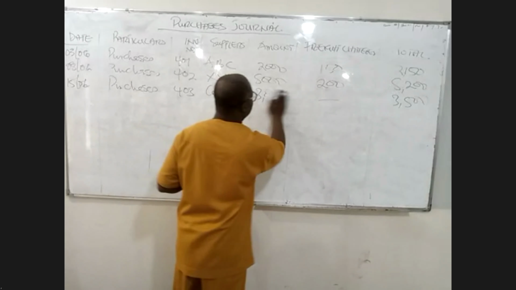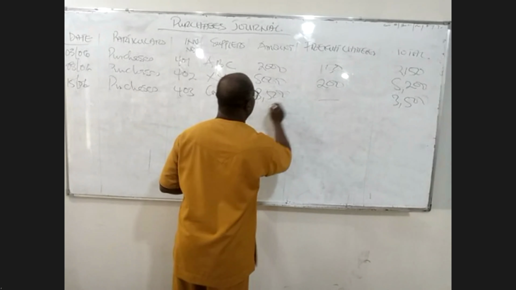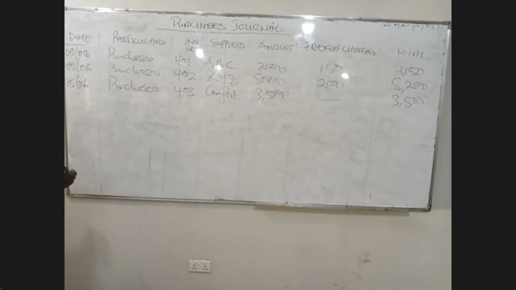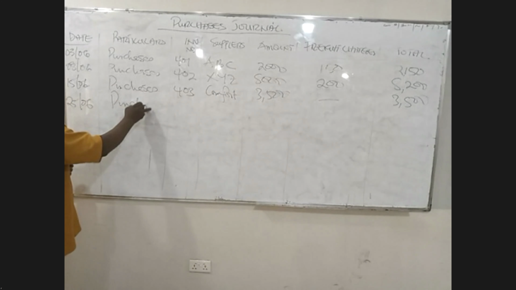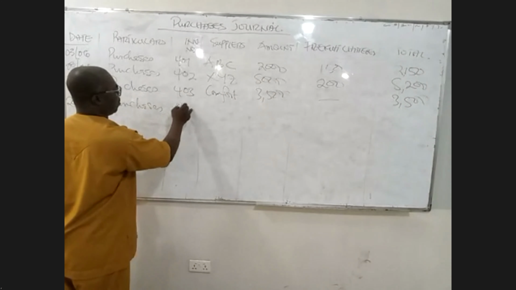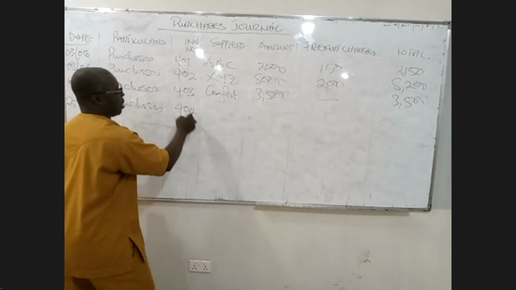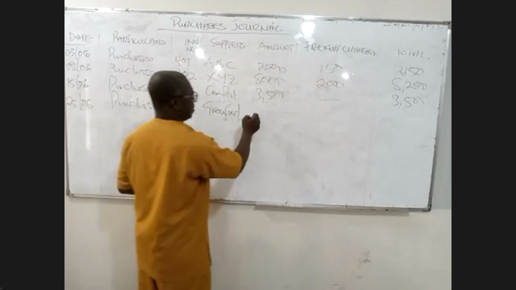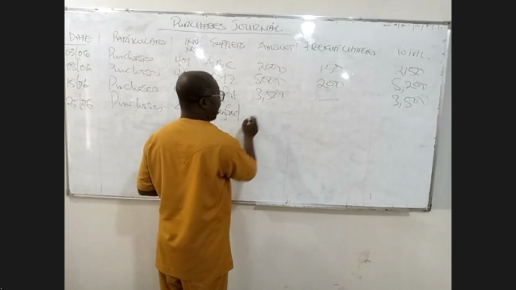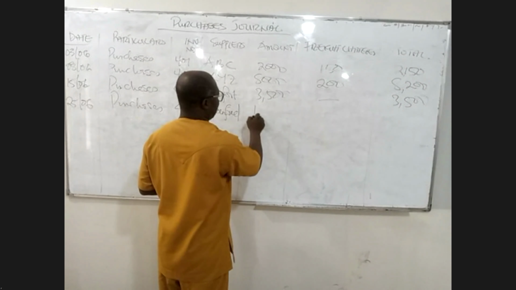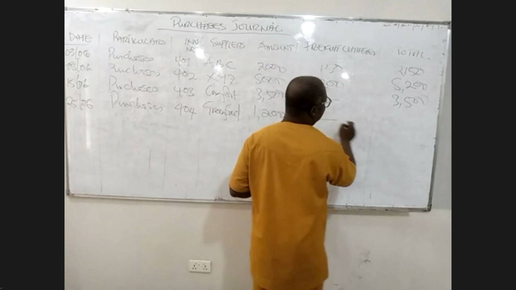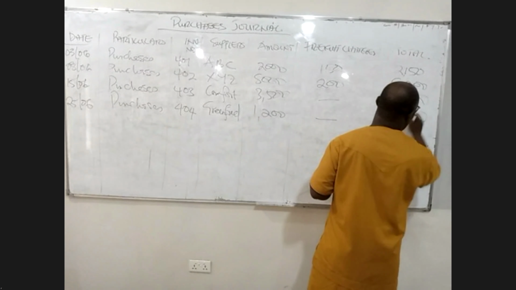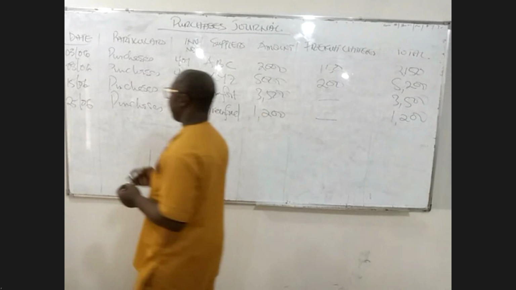Hey, sorry. The next one is what? $20 what? Purchases 40. How much? Come again. 1,200. Yes, any other? That's all.